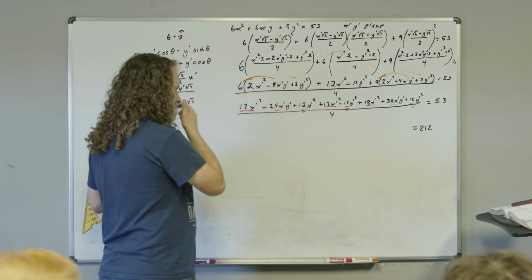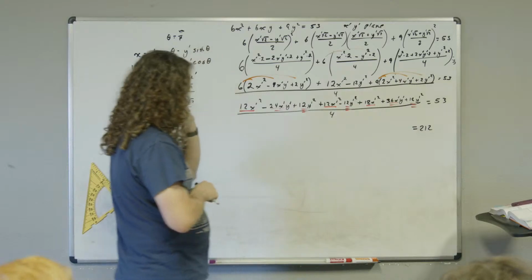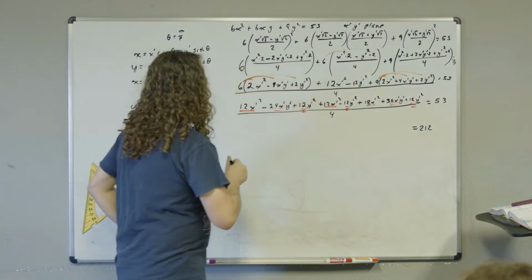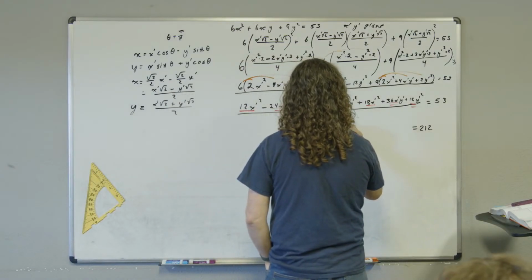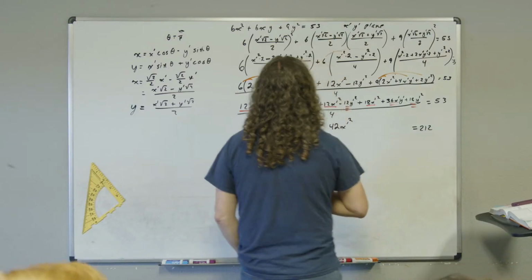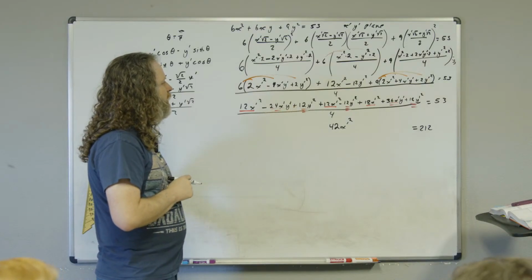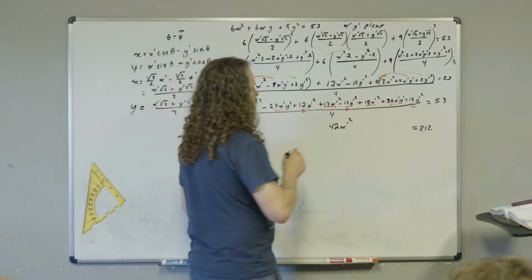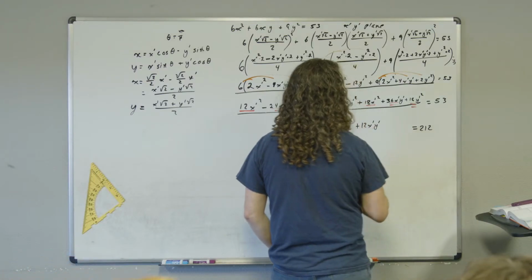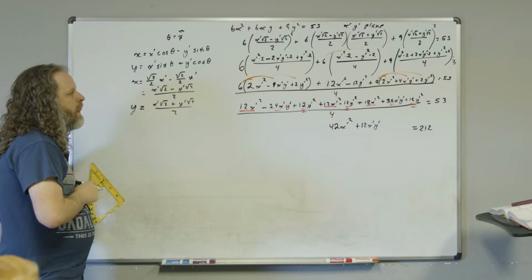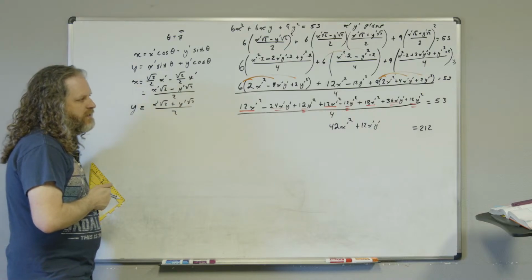We do have 12 plus 12 plus 18 is 42 prime squared. And then negative 24 plus 36 is 12. And then 12 minus 12 is 0, plus 18 is 18.